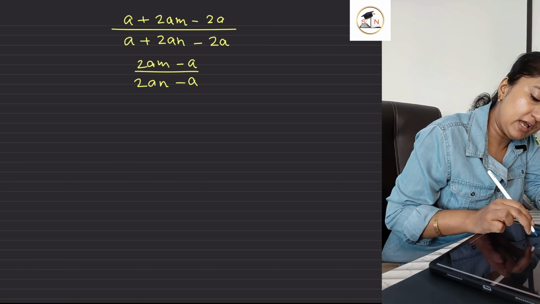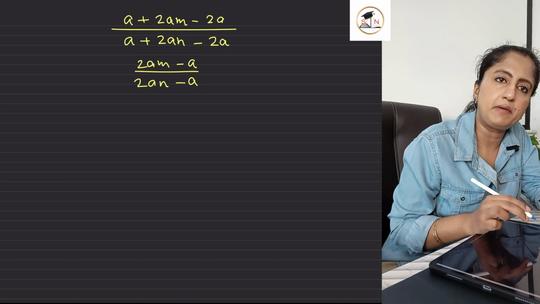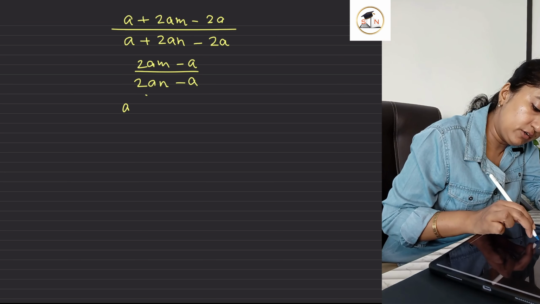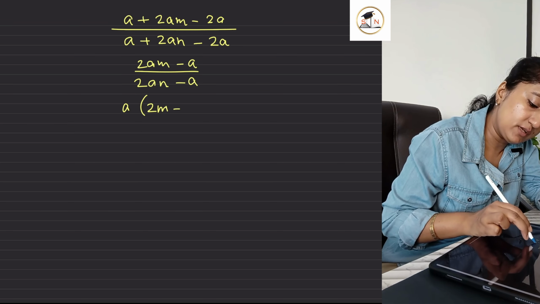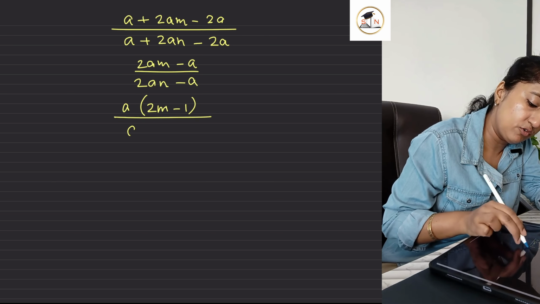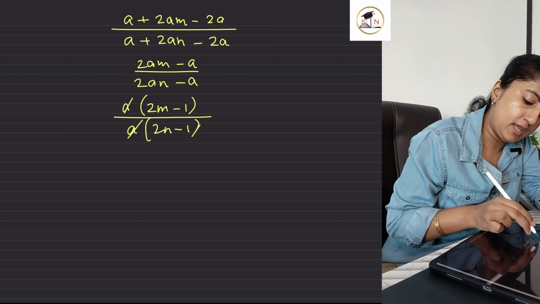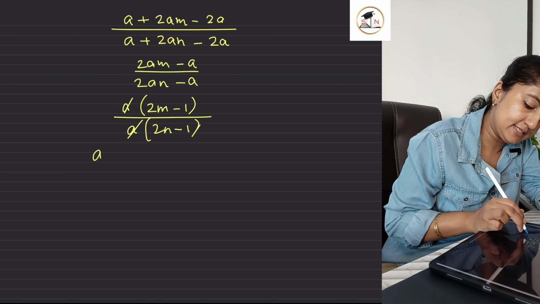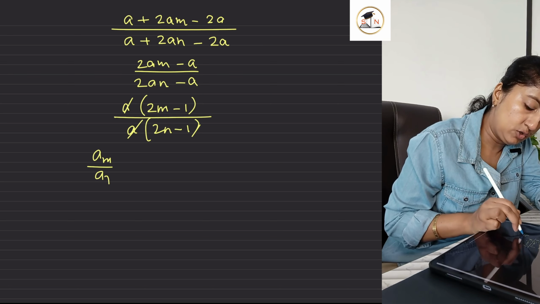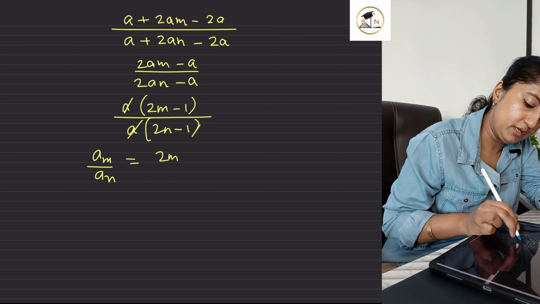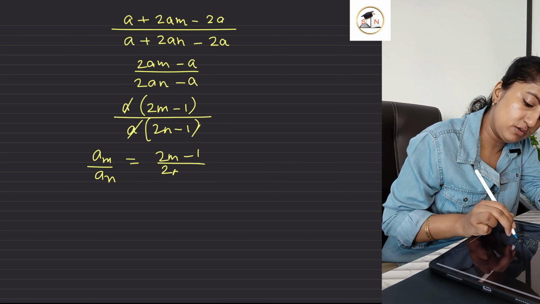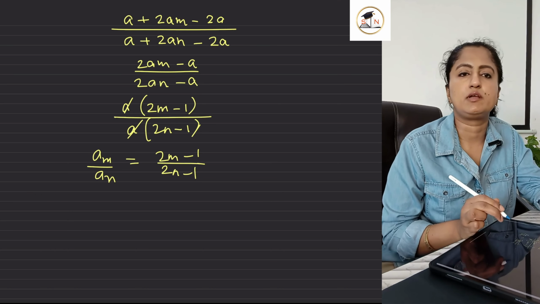And I can see that we have got a as a common factor on top as well as bottom. So we are going to take it out, and that leaves us with 2m minus 1 over 2n minus 1. So a got cancelled, and hence the ratio of the mth to the nth term comes out to be 2m minus 1 over 2n minus 1.